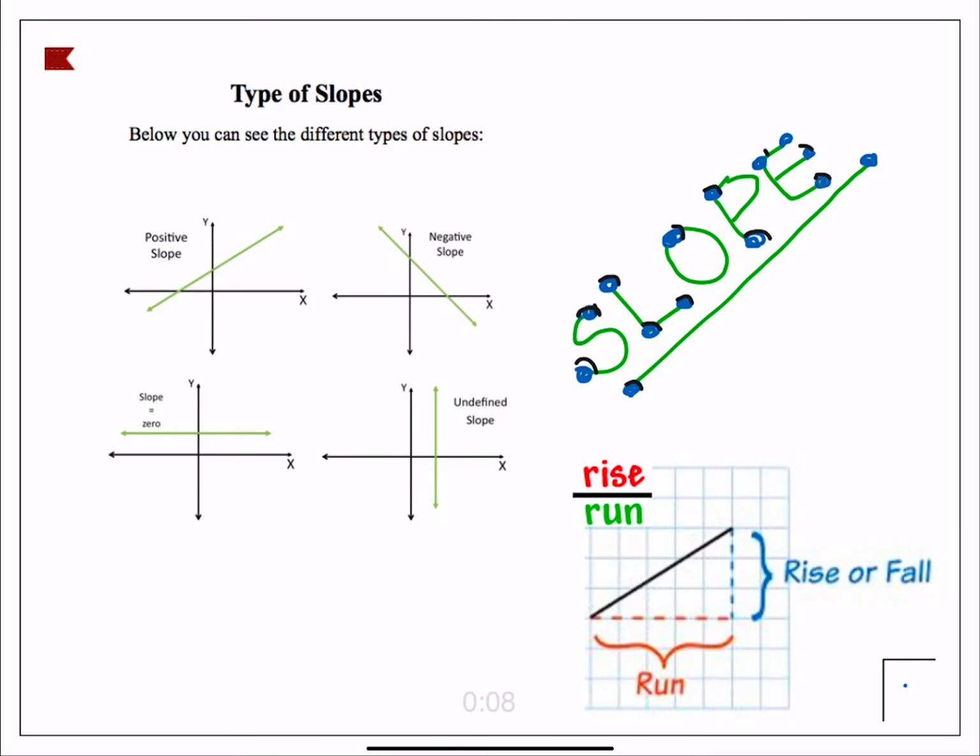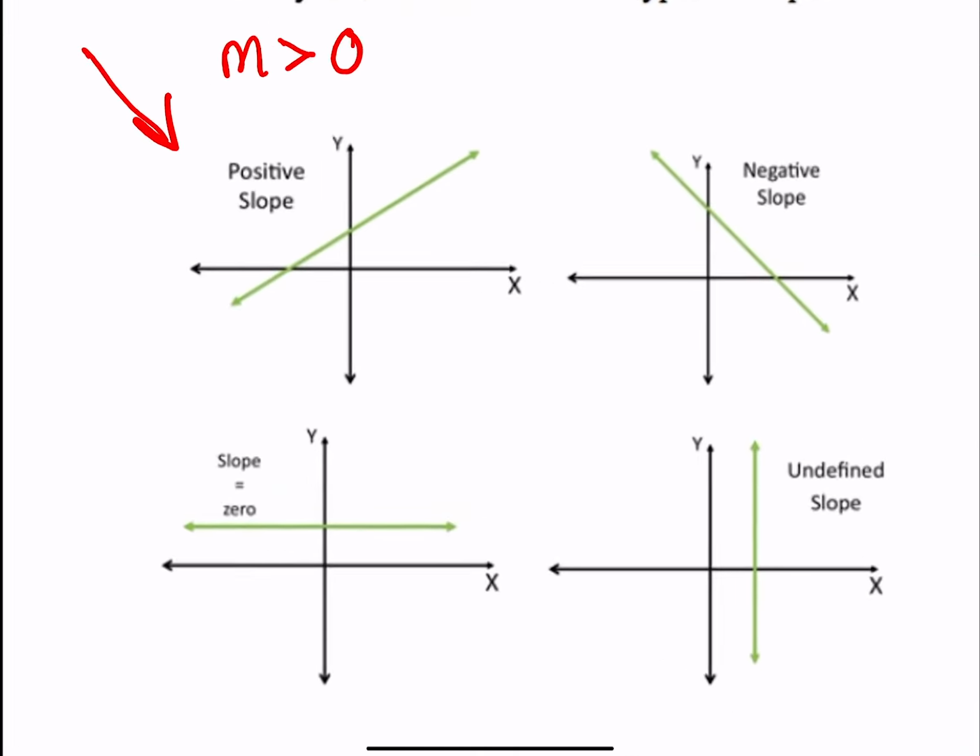So when we look at our slopes, we can have a couple of different scenarios. The first scenario is what we call a positive slope, where M is greater than 0. For a positive slope, it's exactly what it looks like.